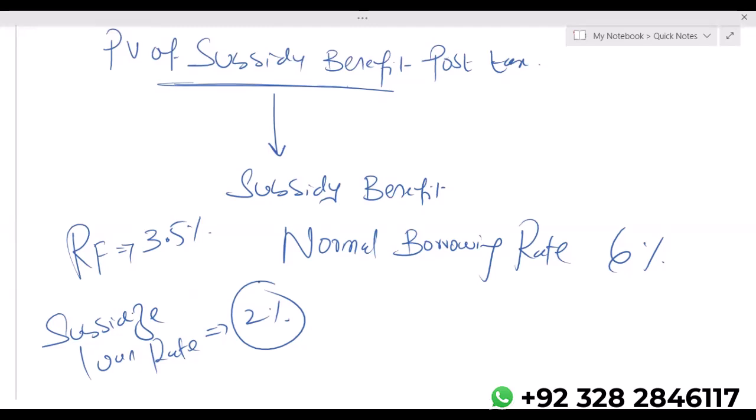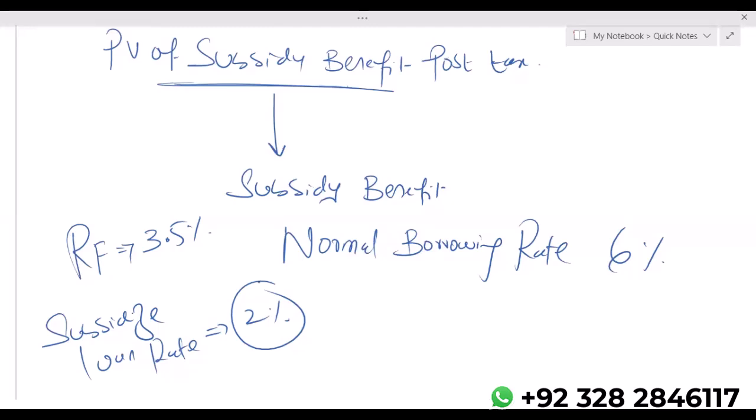Now I have a question. Normal borrowing rate is 6%, RF is 3.5, and the examiner says you can get the subsidized loan 1.5% lower than the risk-free rate. Can you tell me the subsidy benefit percentage?